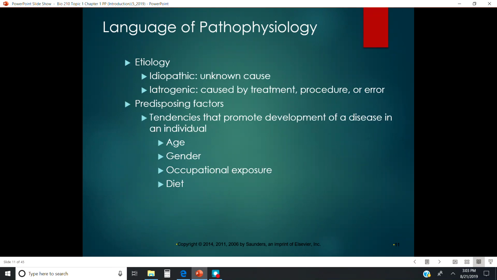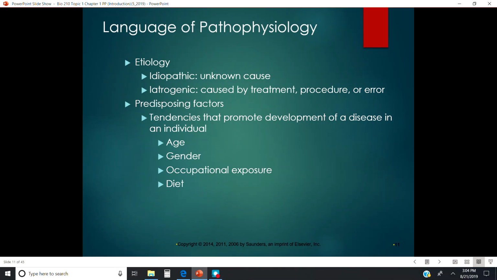Now, we have two other words related to etiology. If we don't know the cause of a disease, we say the disease is idiopathic, right? So that's of unknown cause, unknown etiology. Sometimes we just don't know what's causing the disease.